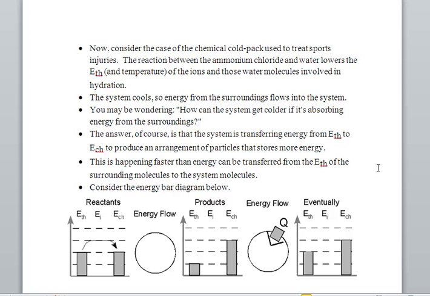Well, the reason why it feels cool is because that system is taking energy into it. And so this is an endothermic reaction. It seems weird to think that if a system feels cooler, how is it that it's absorbing energy?